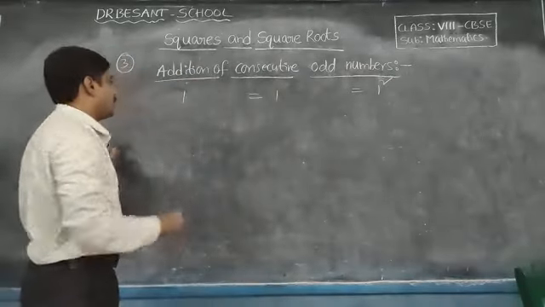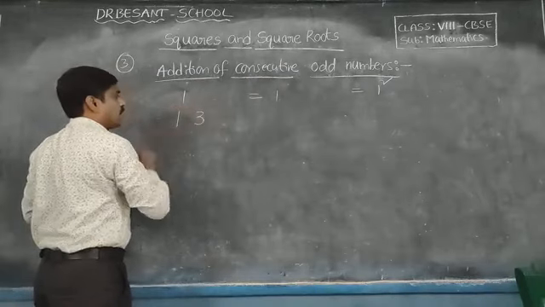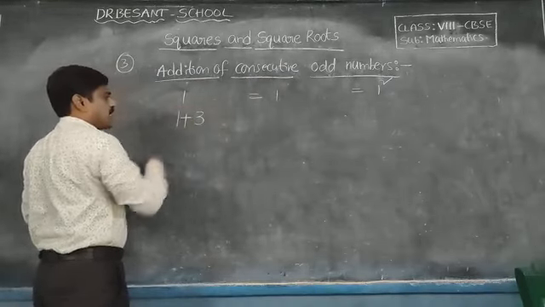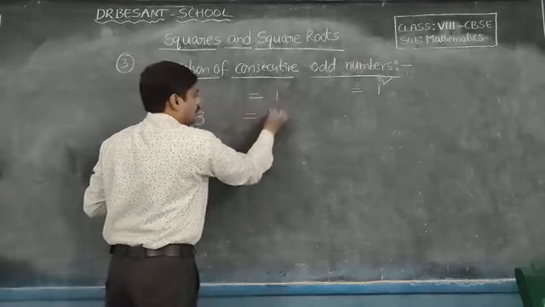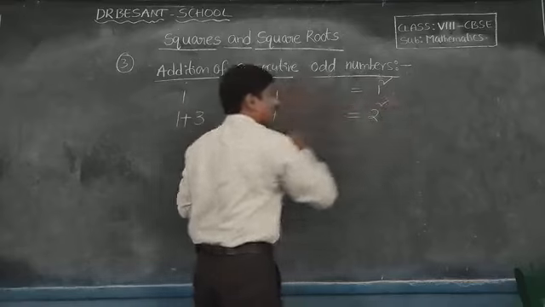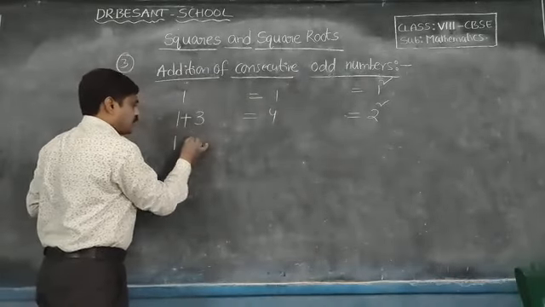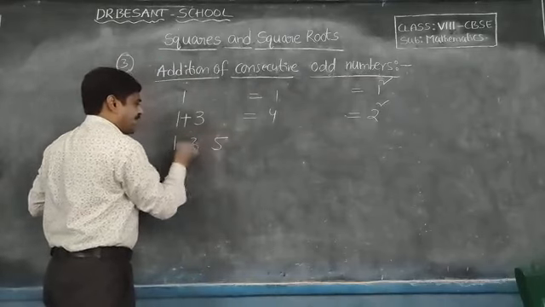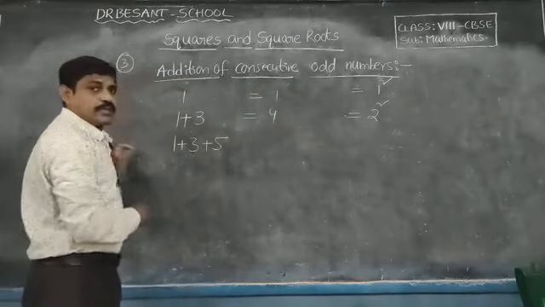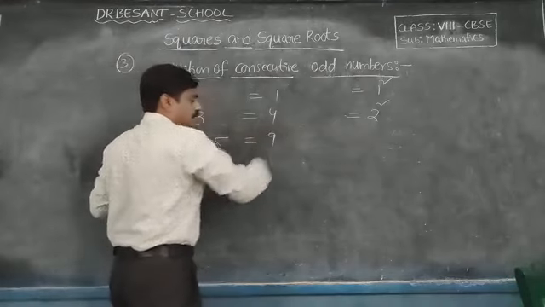Observe this pattern. Next, two consecutive odd numbers 1, 3. So 1 plus 3 is equal to 4. So simply we can write this as 2 square. Next, consecutive odd numbers 1, 3, 5. Add these 3. 1 plus 3 plus 5. 1 plus 3, 4. 4 plus 5, 9.